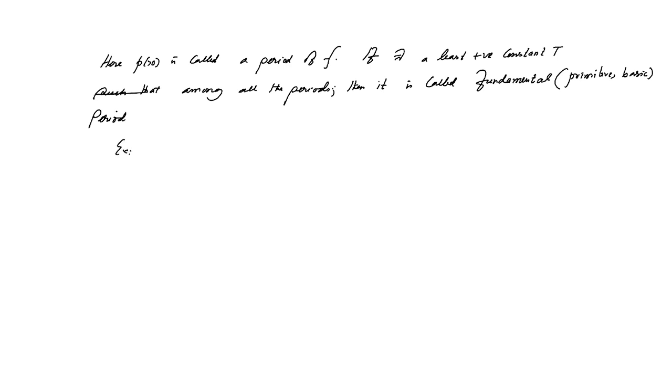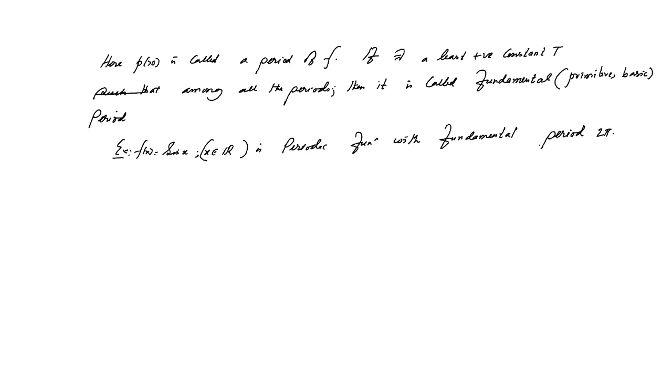As an example, for f(x) equals sin x, x belonging to R, this is a periodic function with fundamental period 2 pi, because 2 pi is the least positive constant among all the periods, so that sin(2 pi plus x) equals sin x.